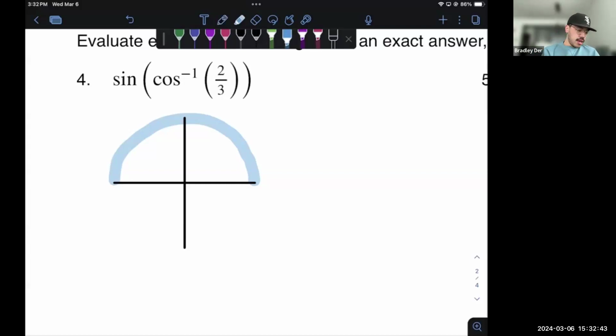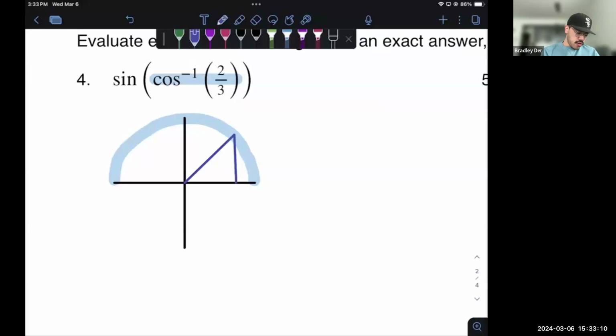When I look at this first part of the problem, where I see inverse cosine, I'm restricted to quadrants 1 or 2. I can tell that this cosine value is positive, right? This 2/3 would be a cosine value in this setup. So between quadrants 1 and 2, for a positive cosine value, I would know that the angle needs to terminate in quadrant 1.